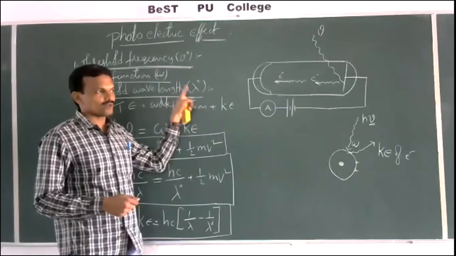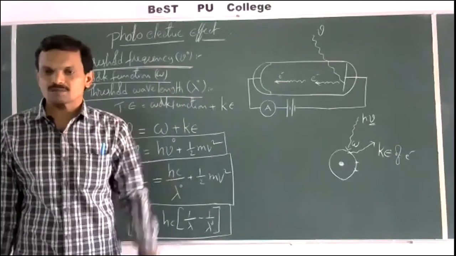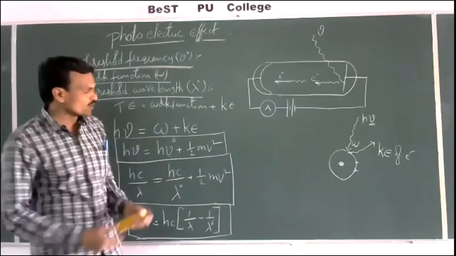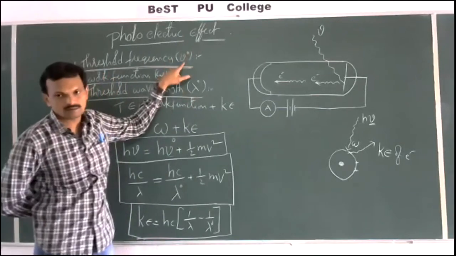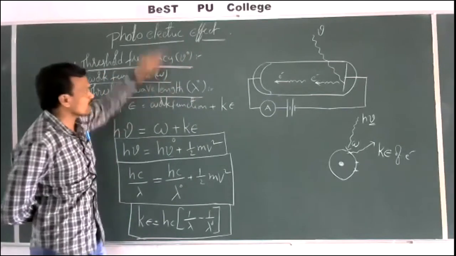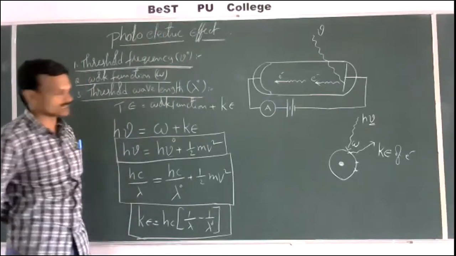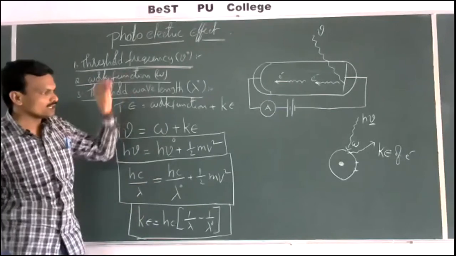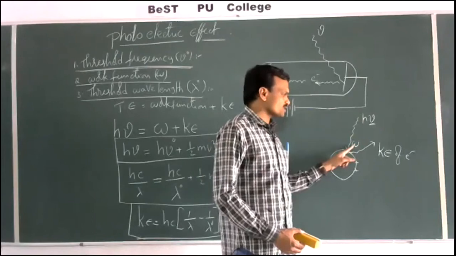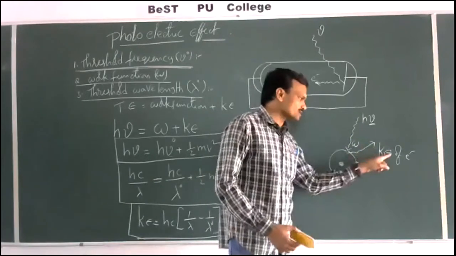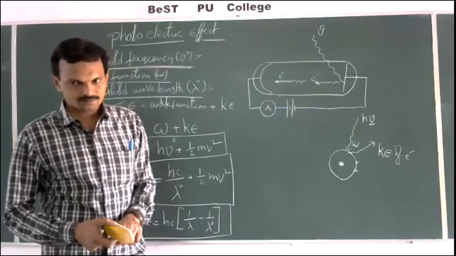The maximum wavelength that is required for the ejection of electrons from the metal surface means the wavelength should be less than this. Then only electrons will be ejected. So in the total energy, some amount of energy is required for the ejection of the electron. The remaining energy is converted to the kinetic energy of the ejected electron.